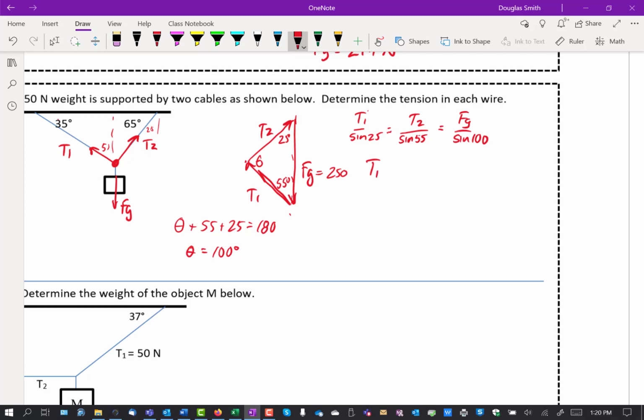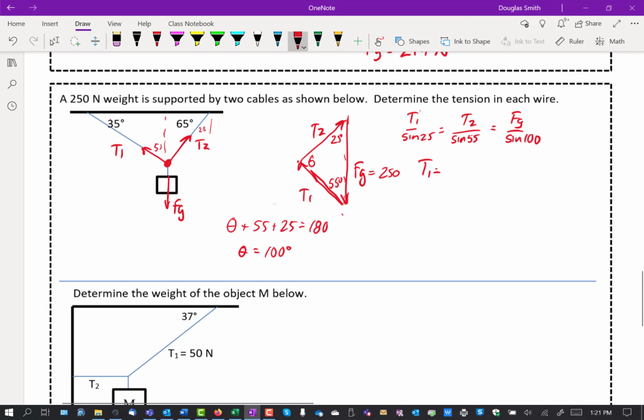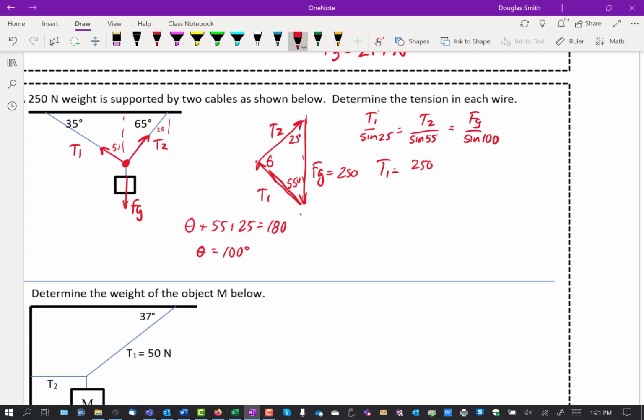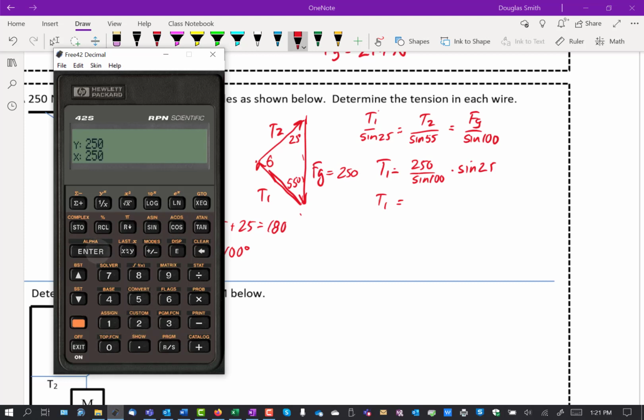So determine the tension in each wire. I'll go T1. I'm just going to solve for T1. So I'm going to multiply this ratio by sine 25. So 250 over sine 100 times sine 25, 107.